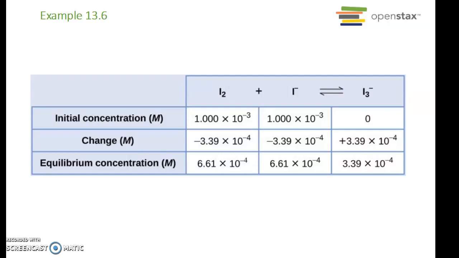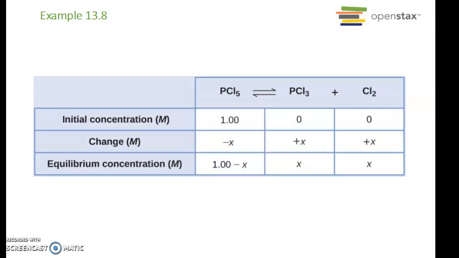Now there's a couple of special situations. In this particular one right here, you have the initial concentration going to two different products. So here, every drop in PCl5, that's phosphorus pentachloride, gives you one phosphorus trichloride and one chlorine molecule.